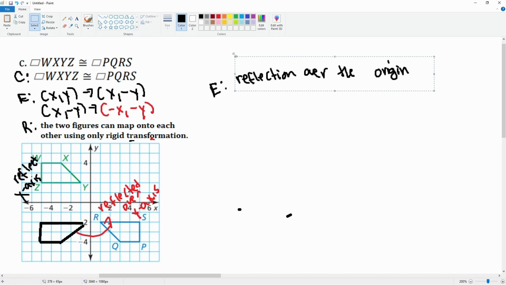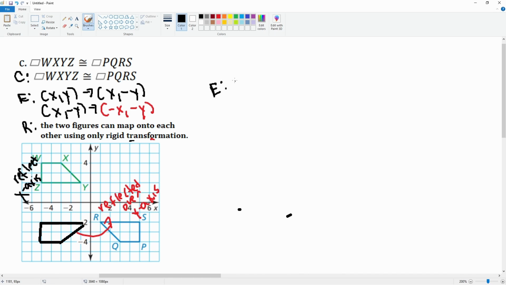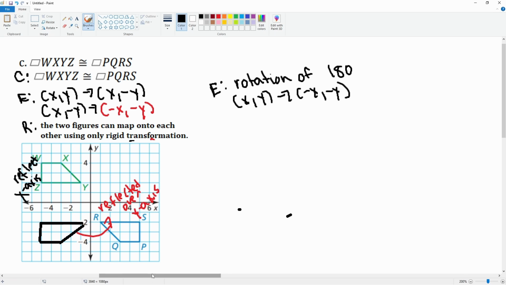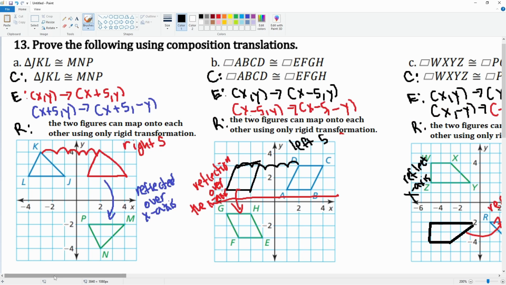I'm going to say it's a rotation. Why don't we just do that? It's a rotation of 180 degrees, because look, it changes sign. x comma y arrow negative x comma negative y. You could have also just used that. A single rotation of 180 would map these two right on top of each other. So there you go. That's how you prove using transformations, composite transformations.